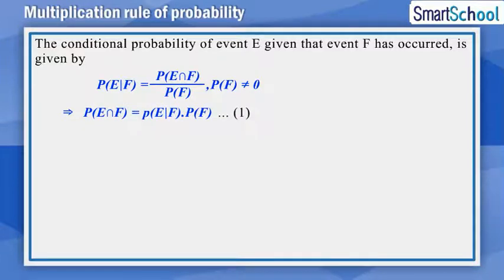This implies that the probability of E intersection F is equal to the probability of E given F multiplied by the probability of F.